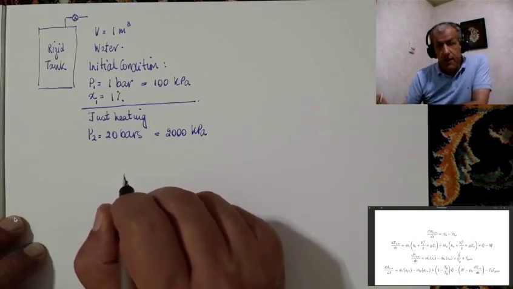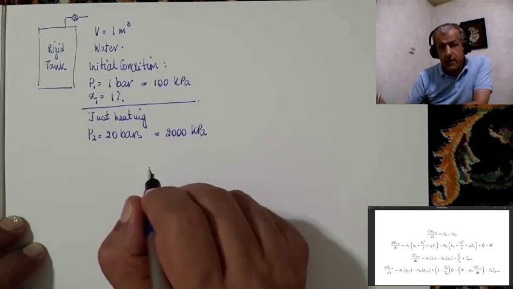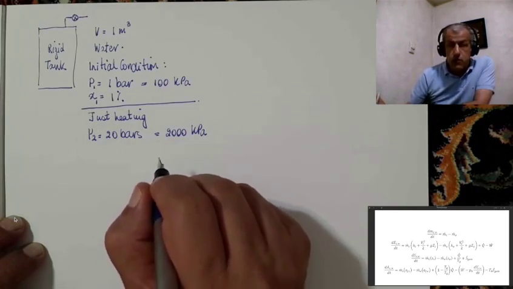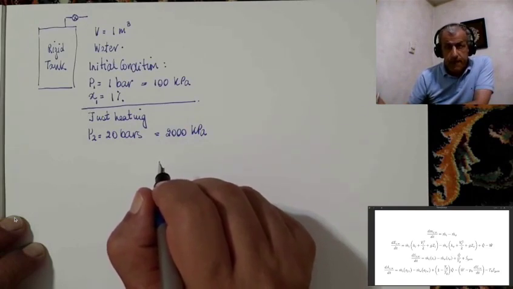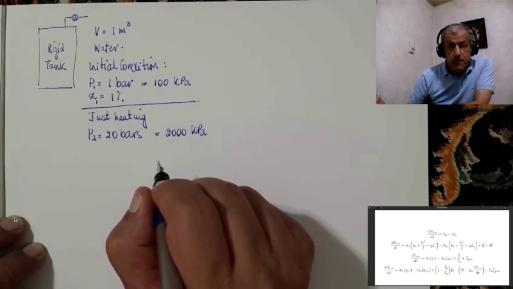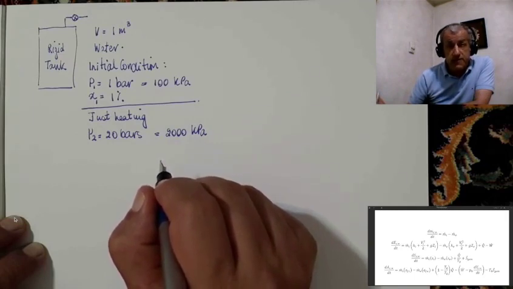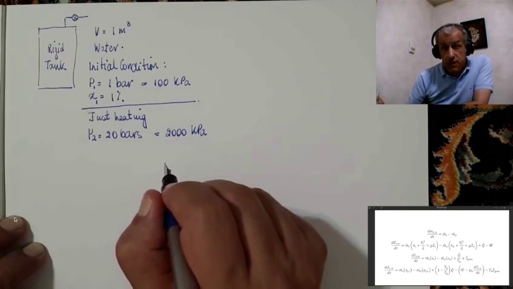This is a very applied example, because if you throw a can into a fire, then what happens? The can is a solid tank and its pressure builds up. If it can't stand that pressure, it will burst.